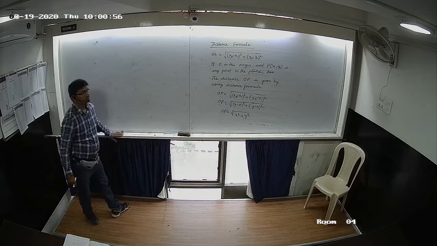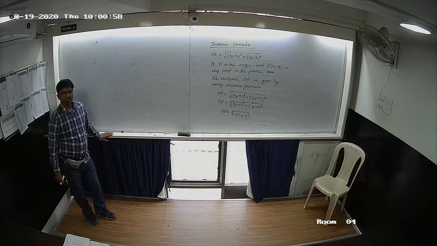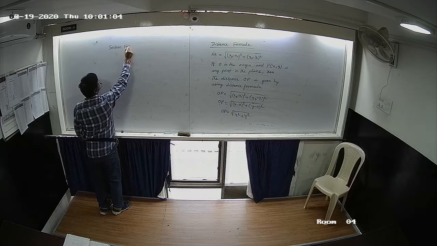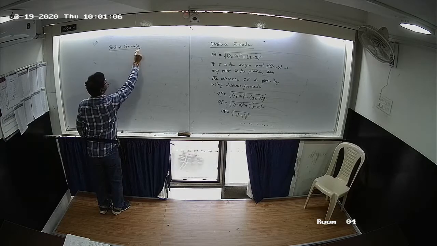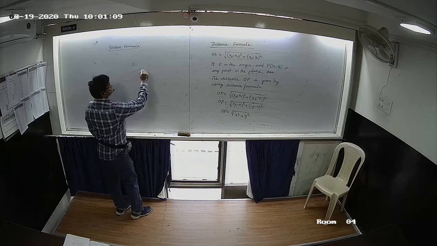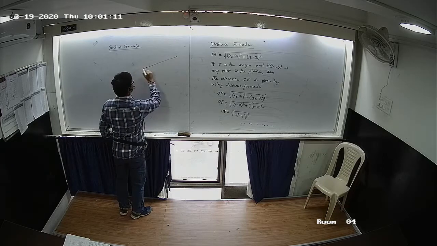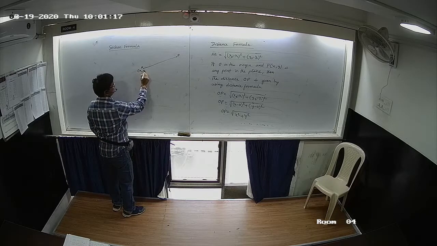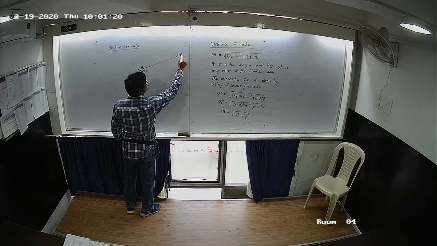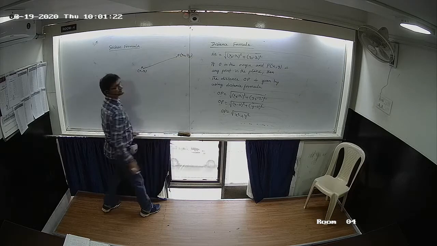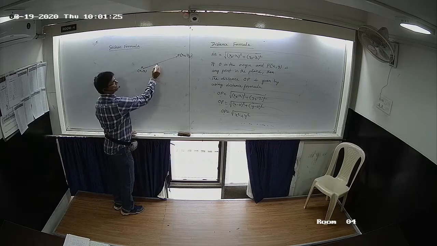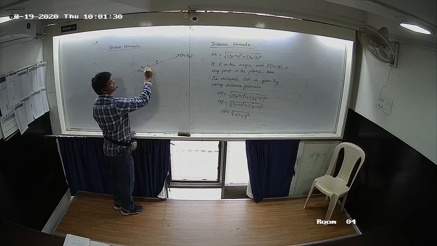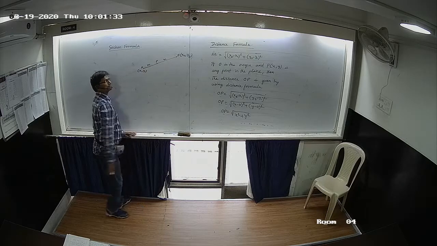Now let's come to the section formula. Suppose AB is a line segment, A having coordinates (x1, y1) and B having coordinates (x2, y2), and let there be a point P which divides the line segment AB in the ratio m:n internally.